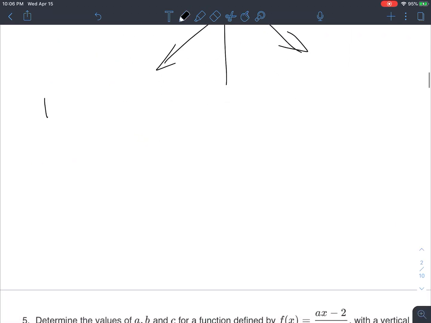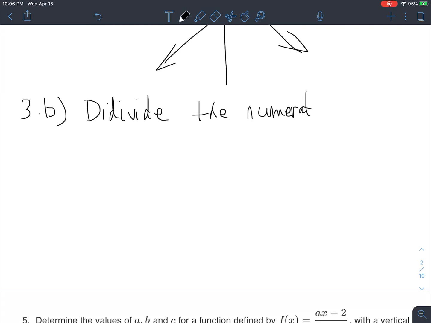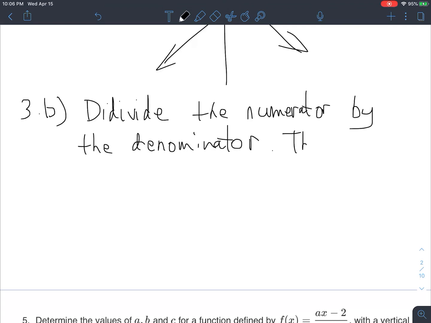We divide the numerator by the denominator, and the quotient is our oblique asymptote.